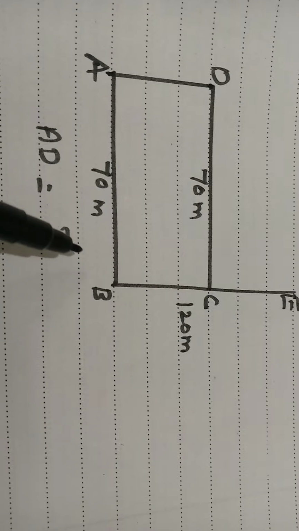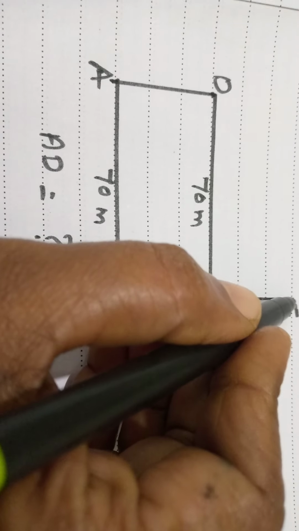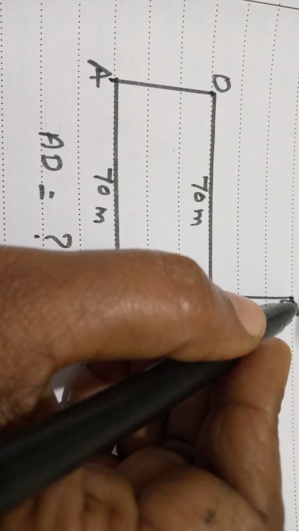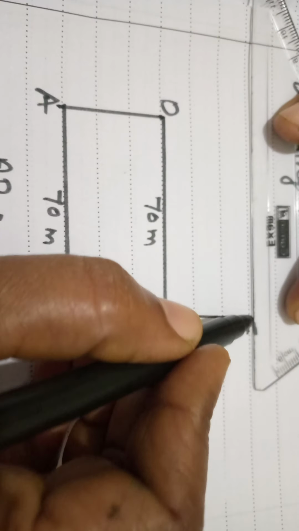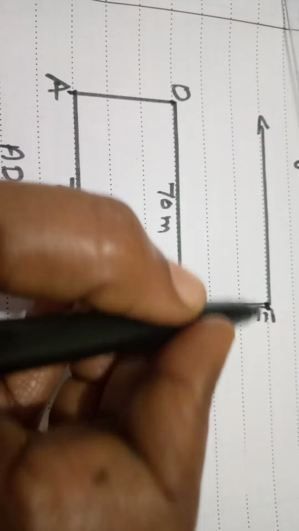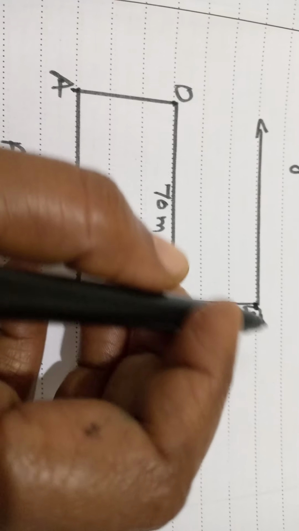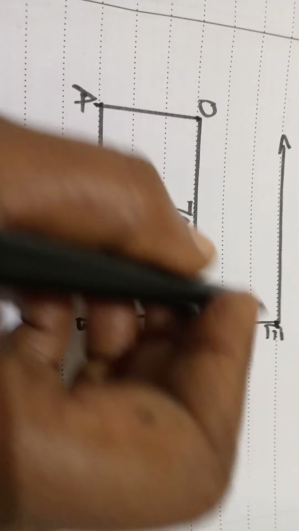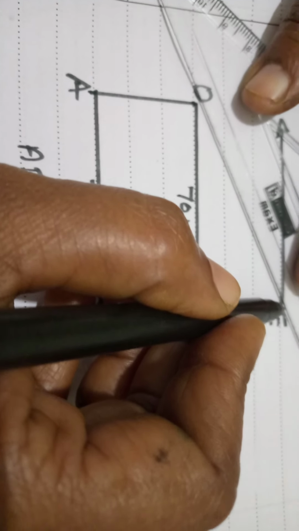Here the angle of depression is given from the top of the second building.